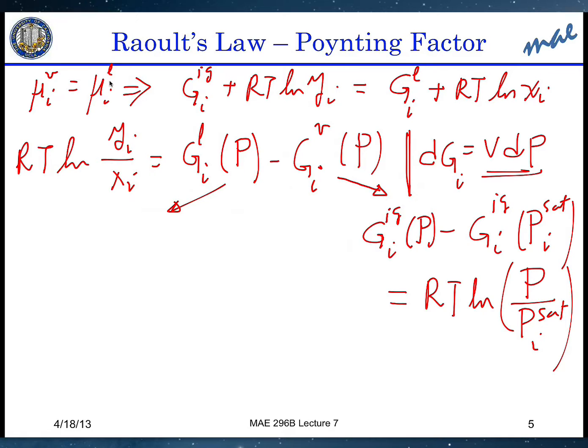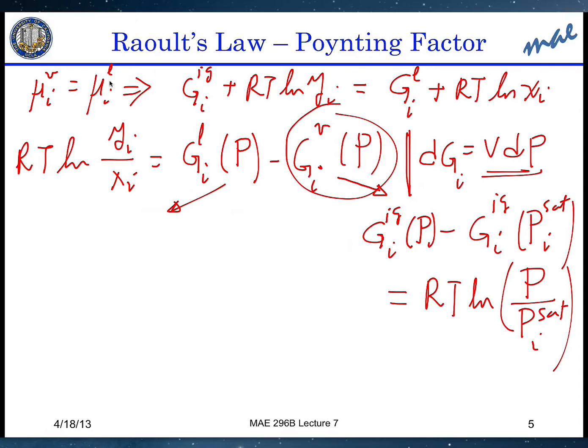So right now I was able to get the Gi of the vapor at P. If I wanted, then I can use this expression.